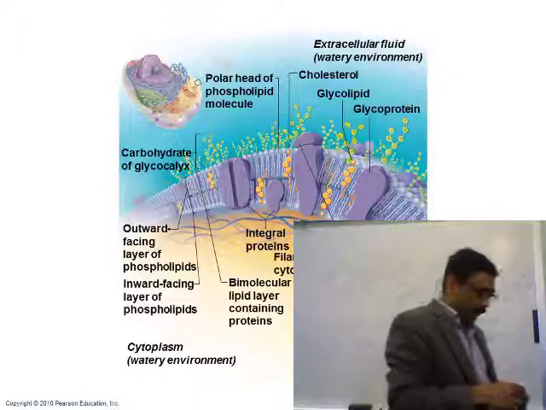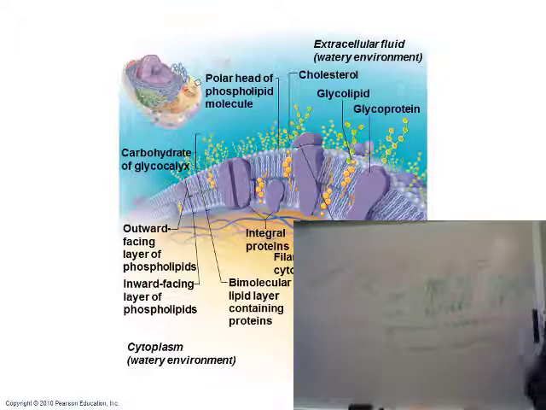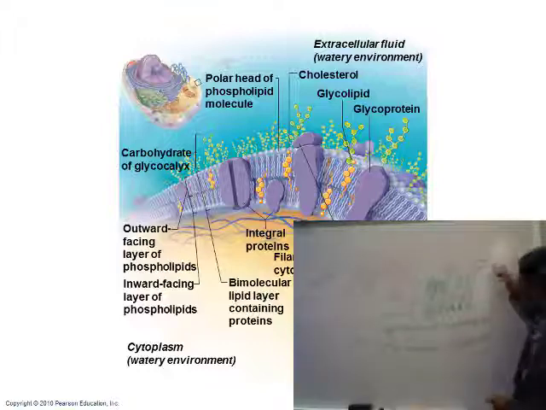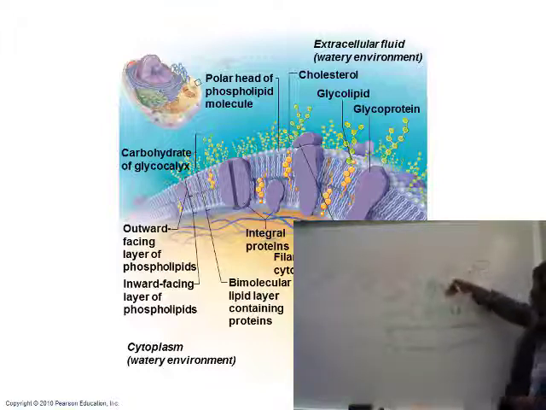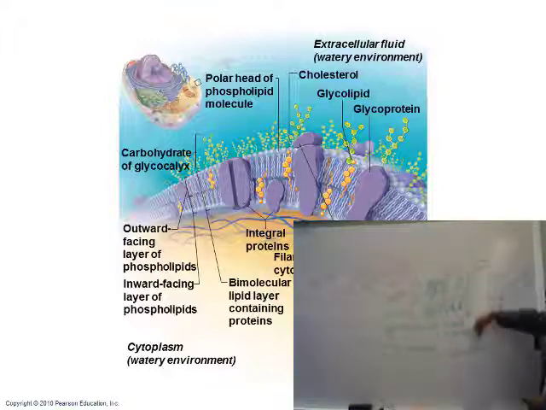Now these are proteins. Two types of proteins are present in the cell membrane. Some proteins are deeply inserted in the phospholipid bilayer. For example, this one is passing all the way through the phospholipid bilayer. This one, although not going all the way through, is deeply inserted. So these are called integral proteins.